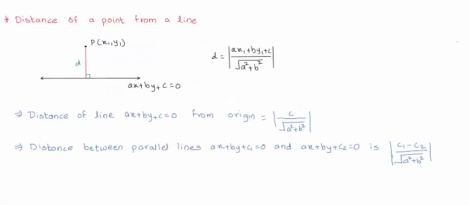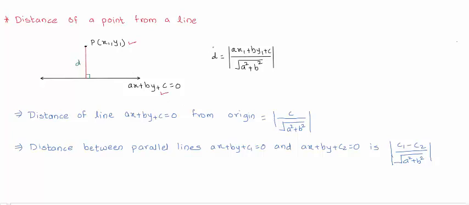Okay students, the next pointer in straight lines is the distance of a point from a line. So there is a point, as you can see, P x1 comma y1, and there is a line given, ax plus by plus c equals 0. Now the distance that the point has from the line is denoted by d.